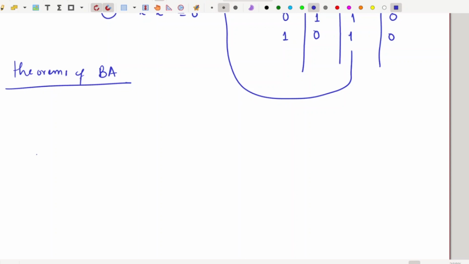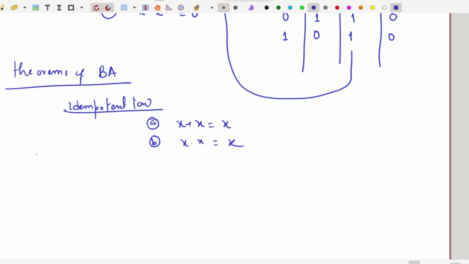suppose this is the idempotent law. Idempotent law says that first, x plus x is equal to what? x, and second, x dot x is also equal to x.